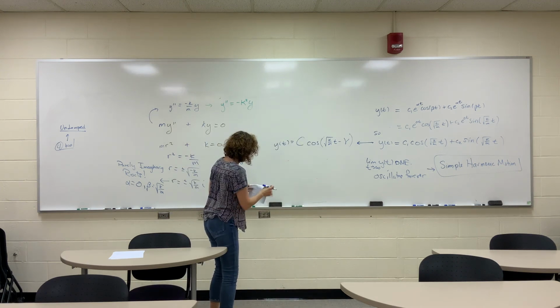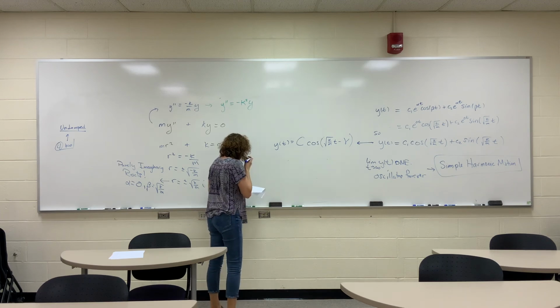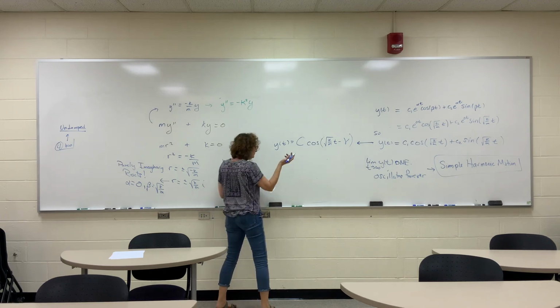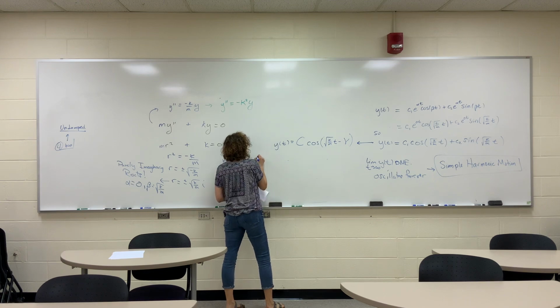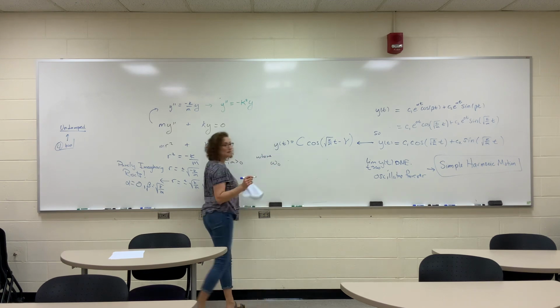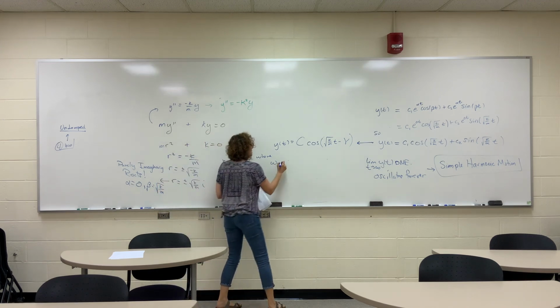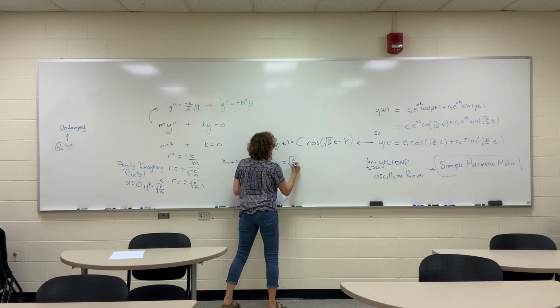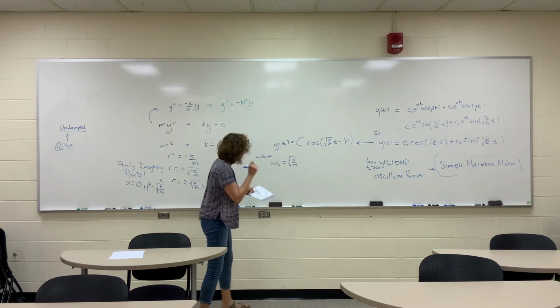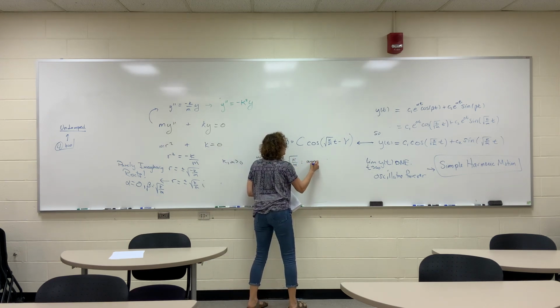Make sure there's nothing else I wanted to mention. What is everything? Where omega naught, curly looking w, omega subscript 0, right? That's square root of k over m. You'll see that notation in the book. This guy is called the angular frequency.